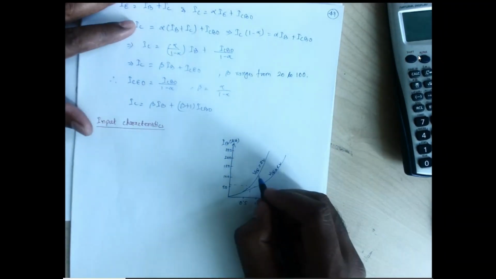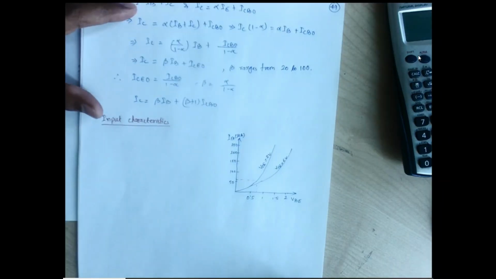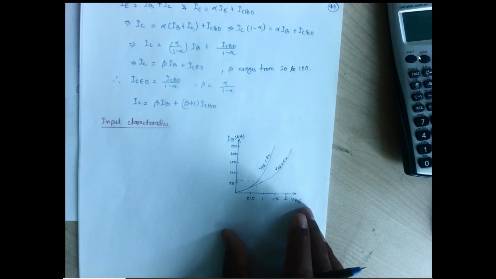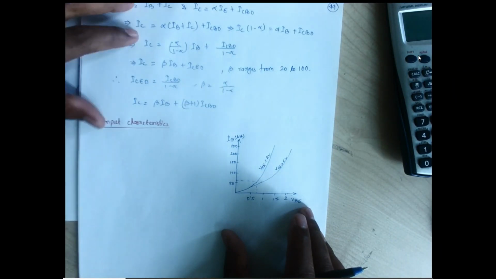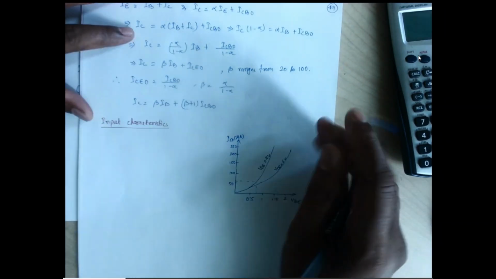Now as VCE is increasing, our current is decreasing. So what does it mean? The increment in the value of VCE causes this input current to change. So let us take this circuit.